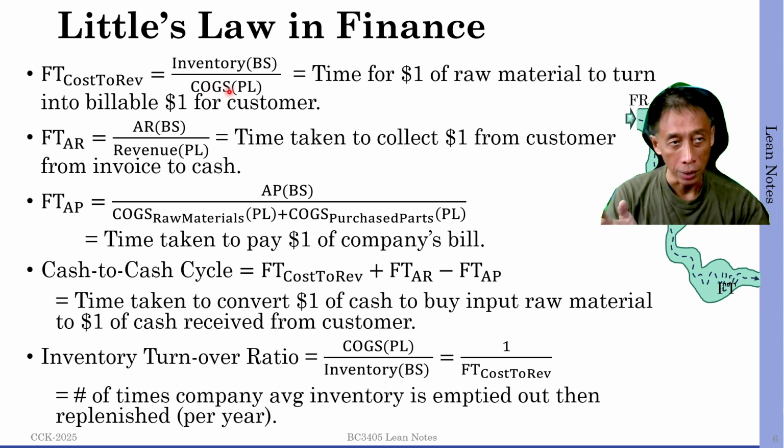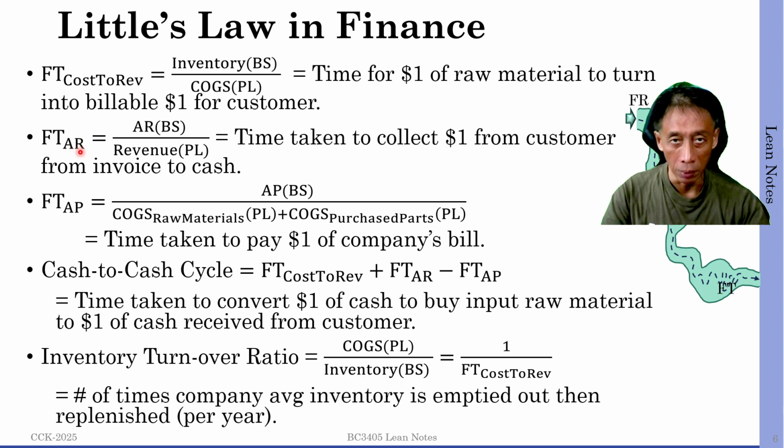Okay, a flow rate. So the flow rate times the flow time gives us the inventory. So that's little stock. Can you see that? Okay, so this inventory divided by the flow rate is going to give us the flow time of cost to revenue.